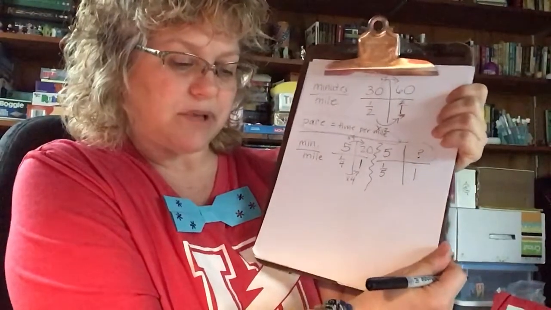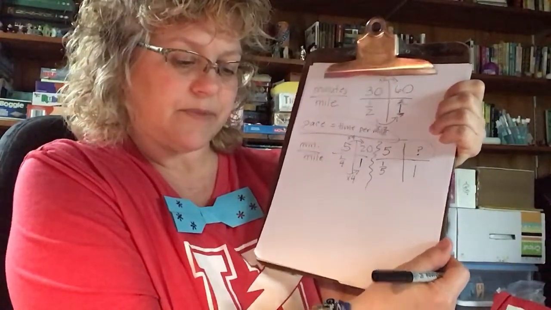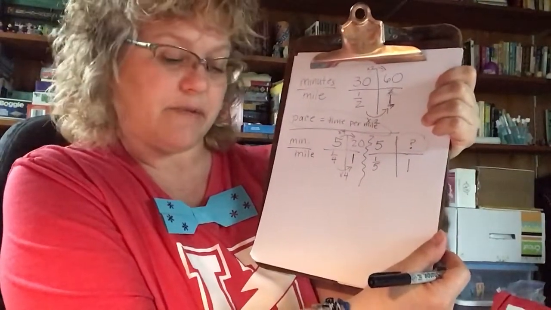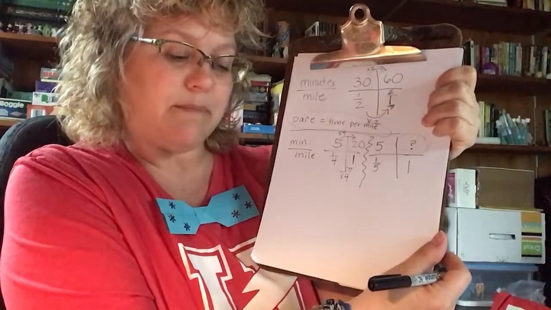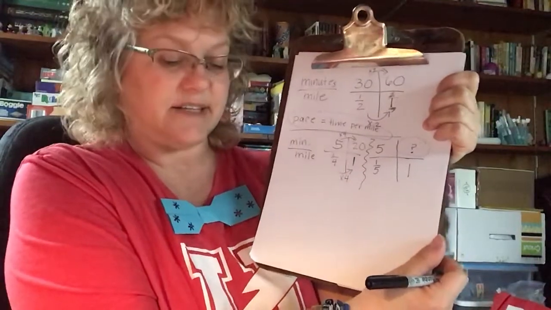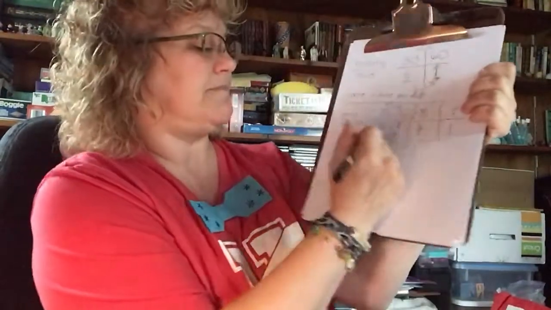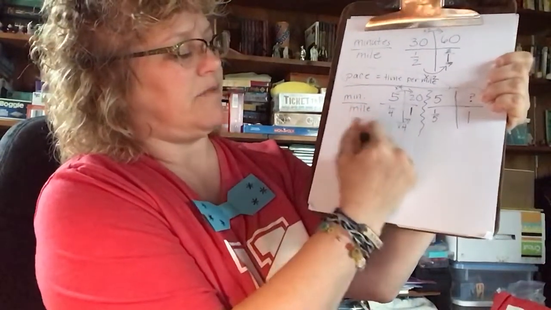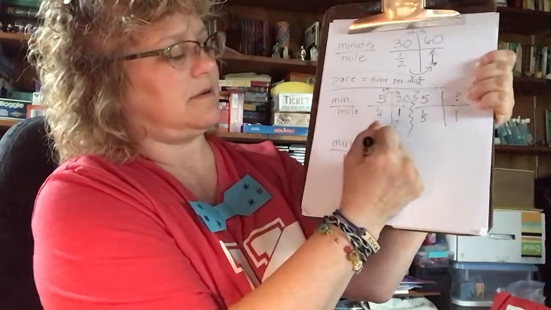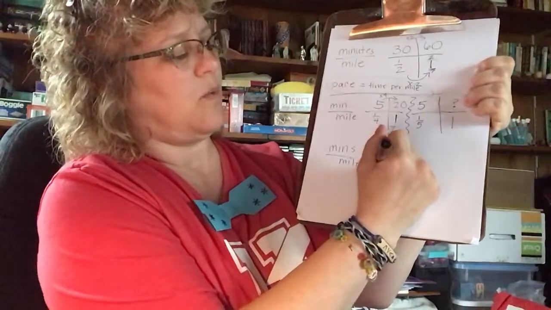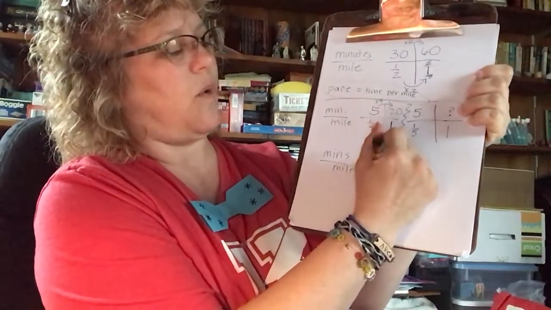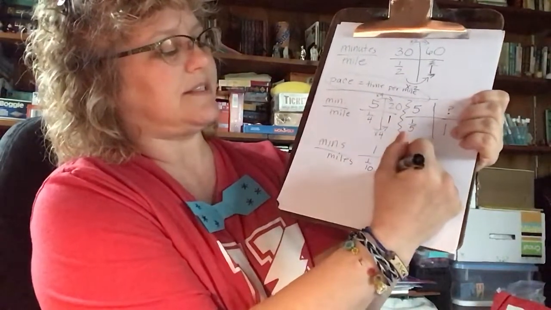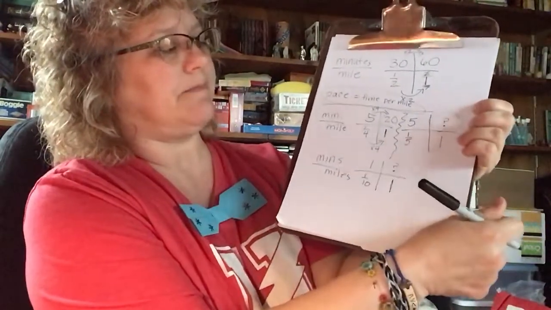The last problem that they have here is, if a student walks 1/10 of a mile in 1 minute, how fast is she walking? What is her pace? Using this minutes over miles, 1/10 in 1 minute. Again, we want to know what her pace is per mile.